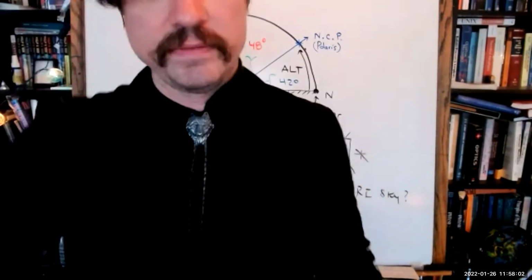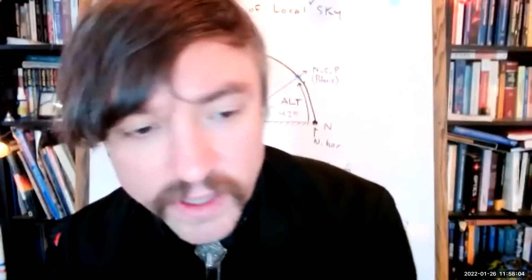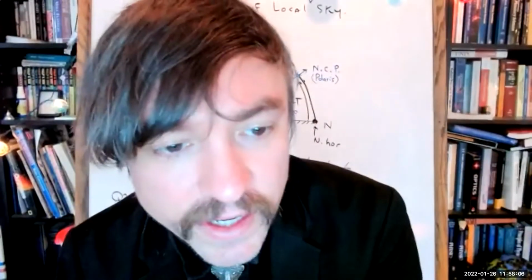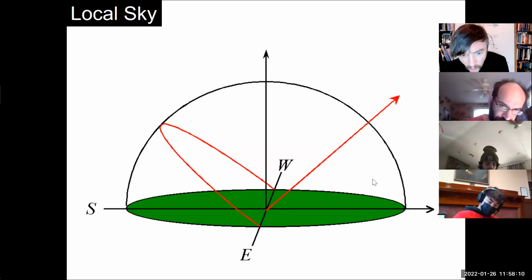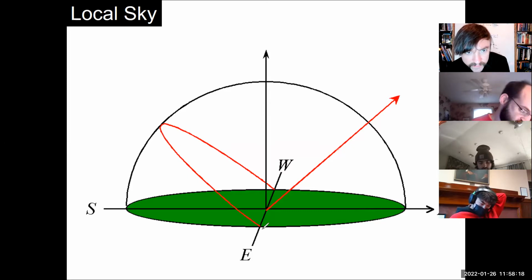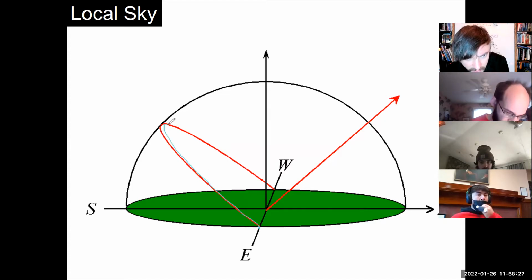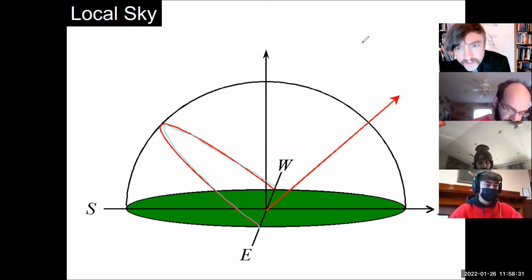Now, here, I should throw y'all a bone and show you the 3D view of our local sky. So hopefully you guys recognize that the celestial equator is here, right? It's this line here, or this arc, I should say.